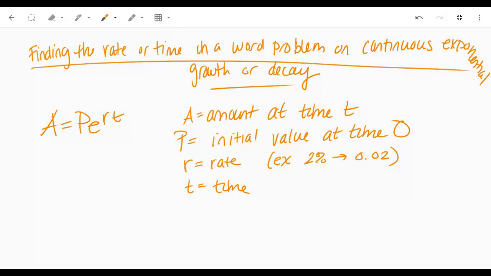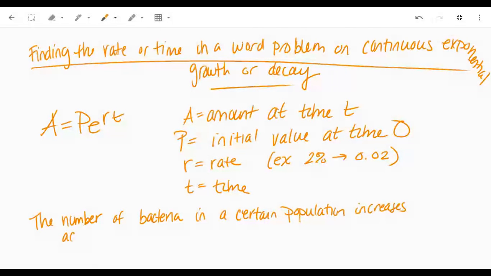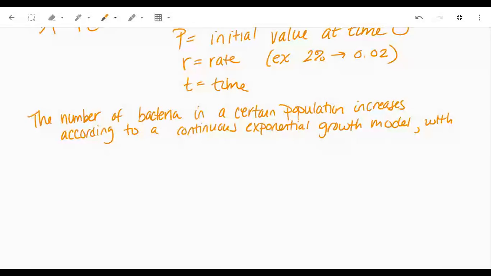All right, so this question says the number of bacteria in a certain population increases according to a continuous exponential growth model with a growth rate parameter of 6.7% per hour.